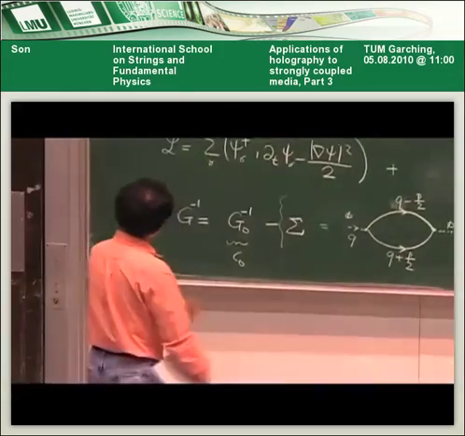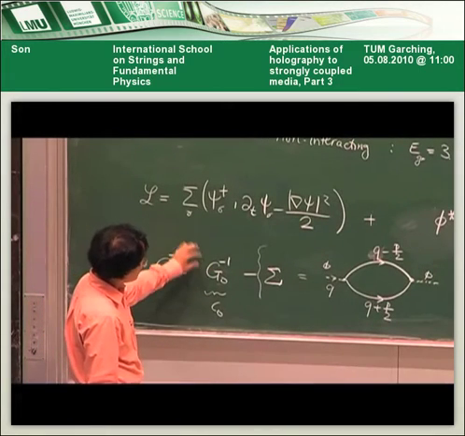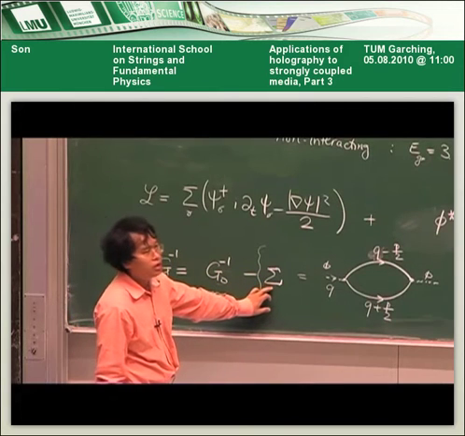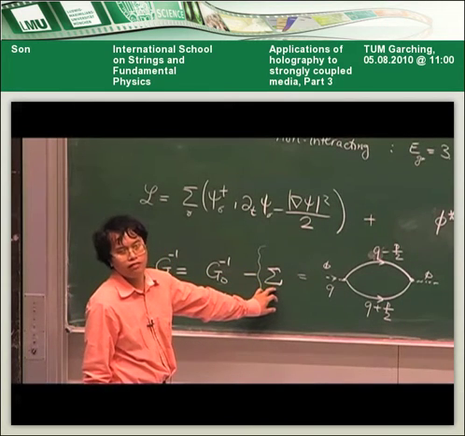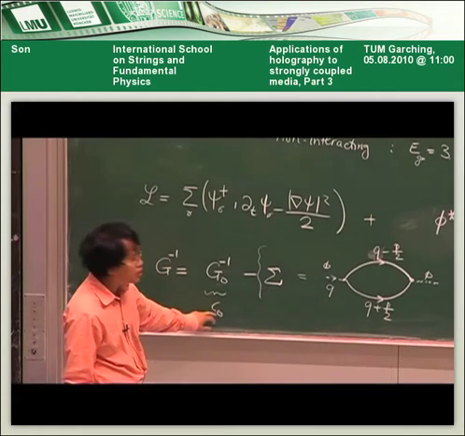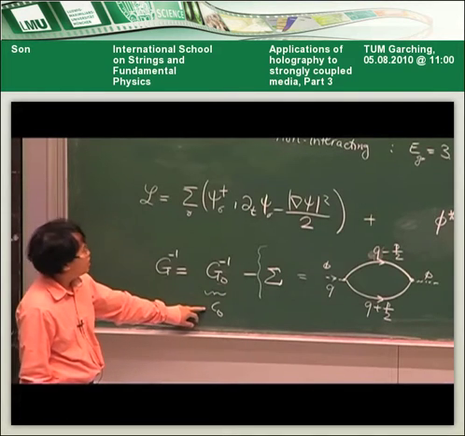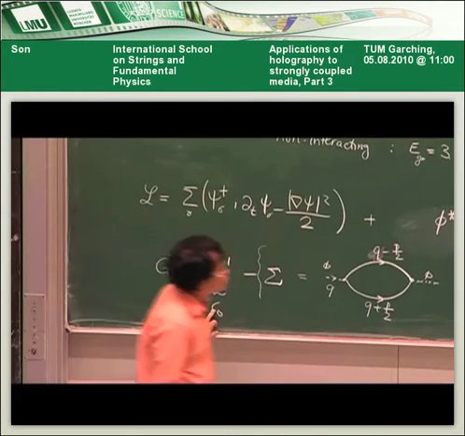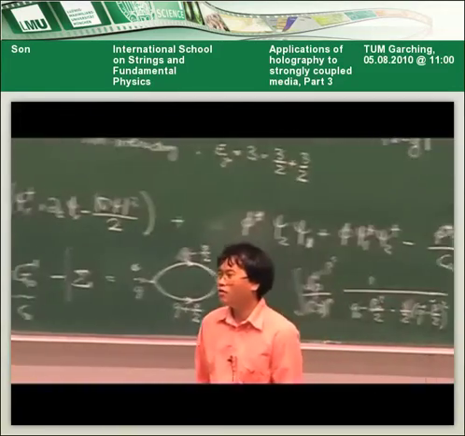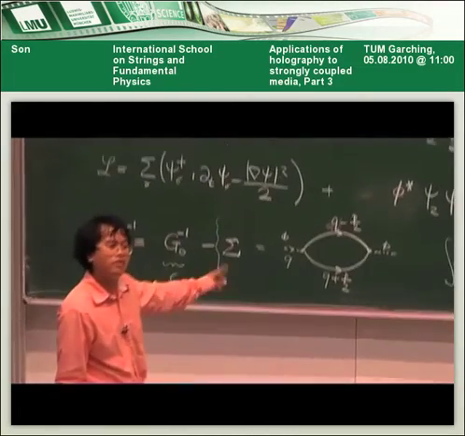Now recall that the full inverse propagator is the sum of the inverse bare propagator and the self-energy. Self-energy is divergent, but that divergence can be absorbed into the coefficient C naught. So if we make sure that the sum of C naught and this lambda is finite, then we have a finite propagator for the bosonic field.